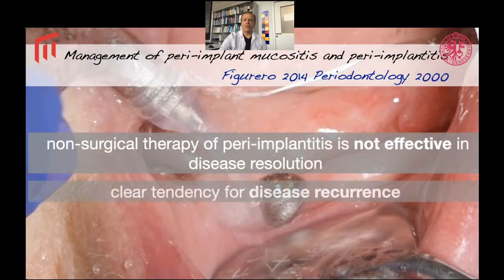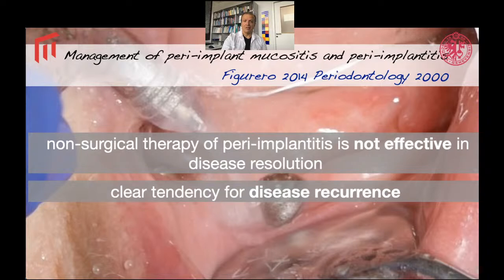Now the thing is that in the majority of the cases, non-surgical therapy of peri-implantitis, even with the air polishing devices, is not effective in disease resolution. We have a clear tendency for disease recurrence. So this part of therapy may give successful results in incipient peri-implantitis. And it's a little bit difficult to define what is incipient peri-implantitis.